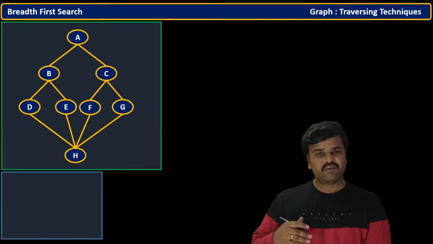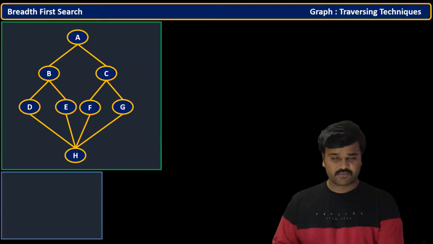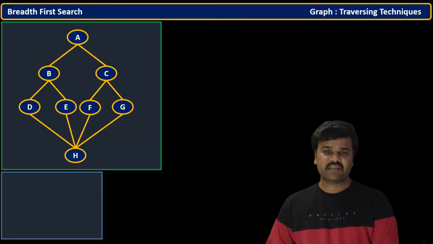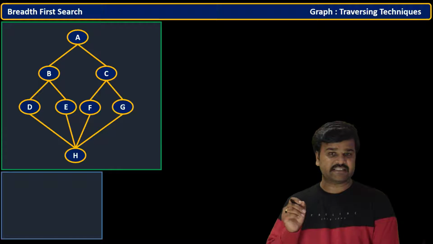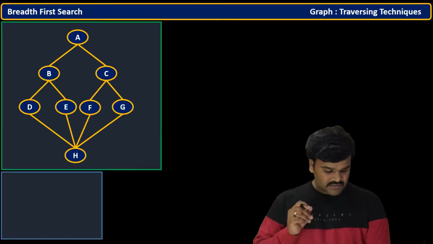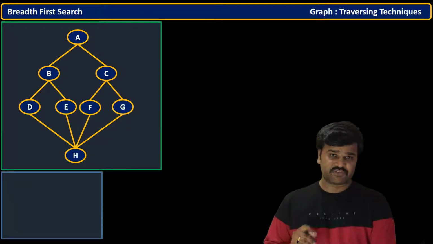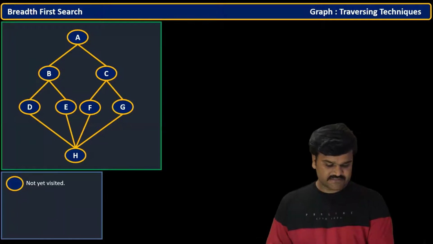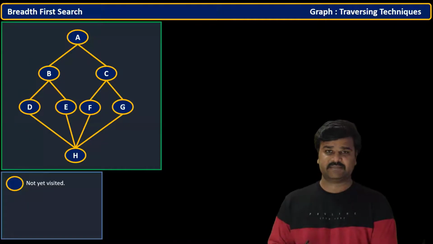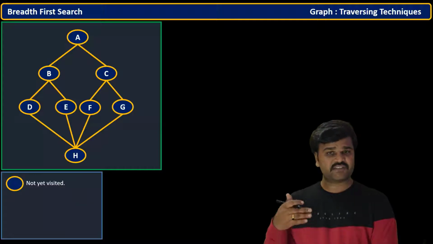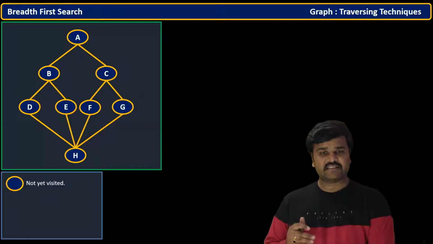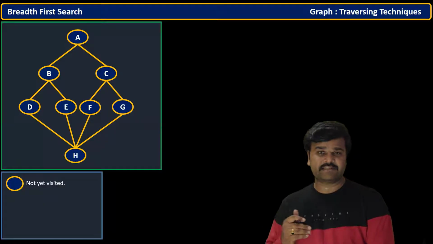Okay. When you are traversing this graph, we are going to maintain three colors for every vertex actually. So it is going to tell its status. Okay. So what are those statuses? Let us try to observe first of all. Here, blue color is representing not yet visited, because when you are traversing, we are going to visit every vertex, right? So blue color is indicating that the vertex is not yet visited.